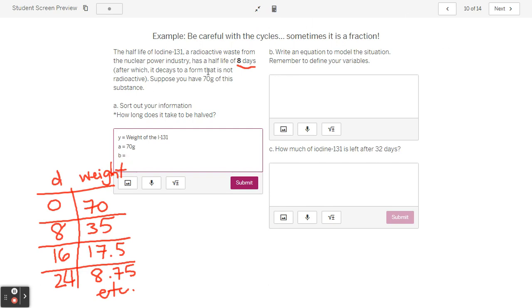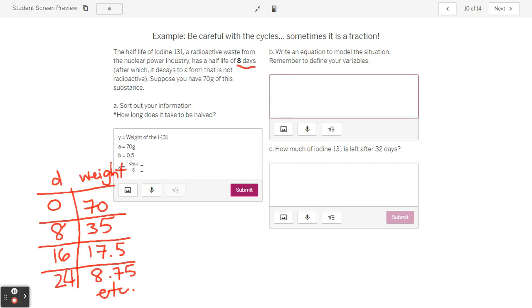We know that half-life means decaying by half. So 100 minus 50 is 50%, 0.5. And finally, our x is a fraction out of 8. We're going to make x equal to the number of days divided by 8.